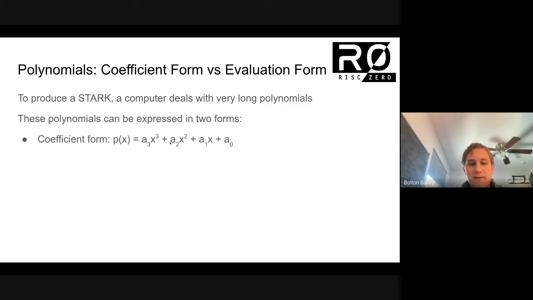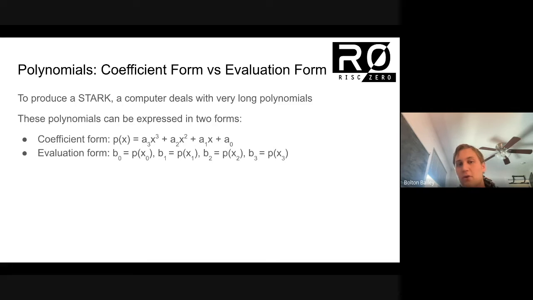This is a degree 3 polynomial because 3 is the exponent here. There are basically 4 pieces of information needed to convey this polynomial: a3, a2, a1, and a0. If those 4 numbers are written down in your computer's memory, then you know everything you need to know about the polynomial.